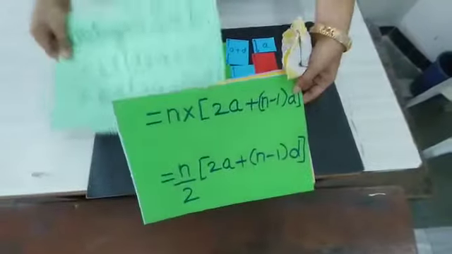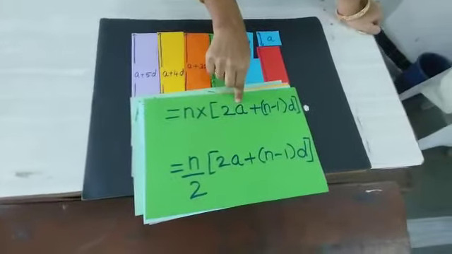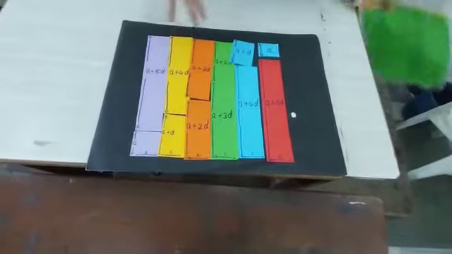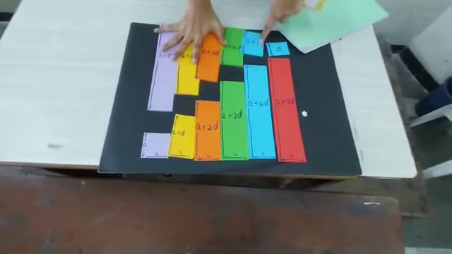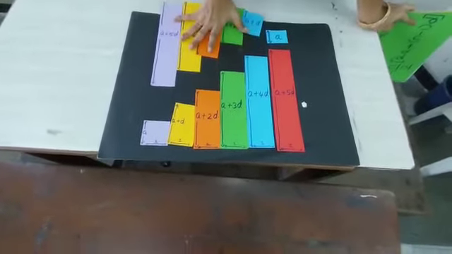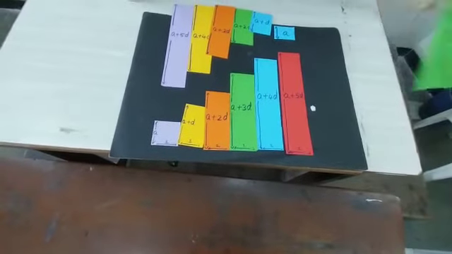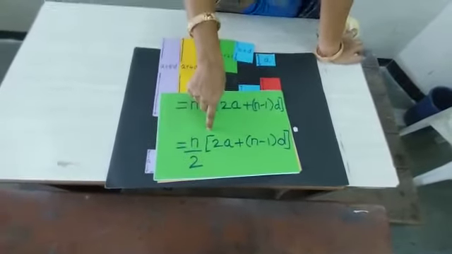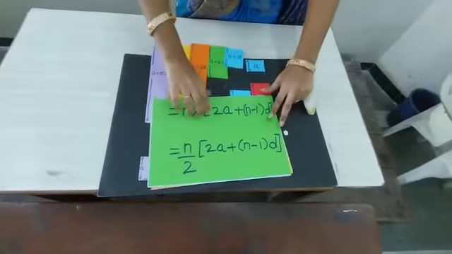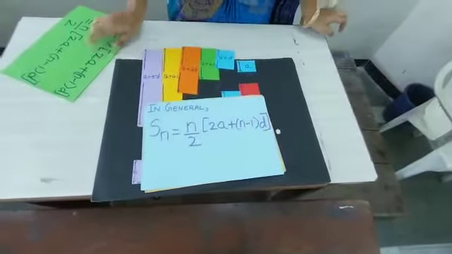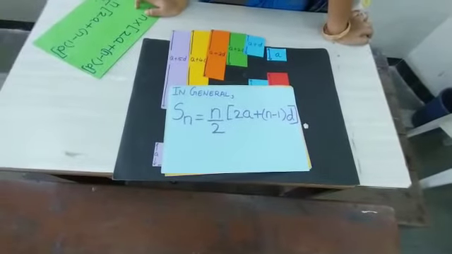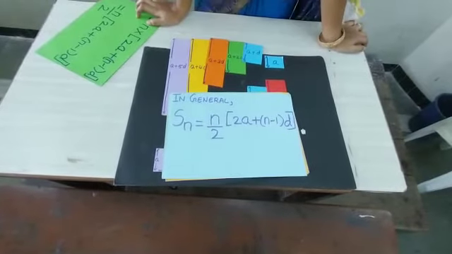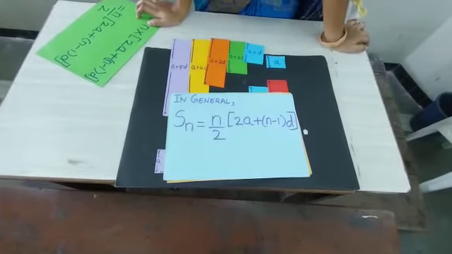So the formula becomes n into 2A plus n minus 1 into D. But I do not need the whole rectangle's area, I just need half of it. So I should simply divide this by 2. Then the formula becomes n upon 2 into 2A plus n minus 1 into D. So in general, S of n is equal to n upon 2 into 2A plus n minus 1 into D. This formula can be used to find the sum of the terms present in an AP.